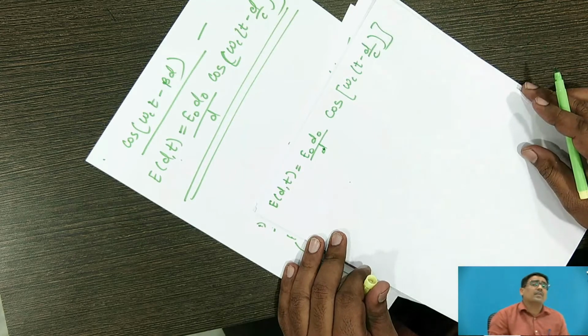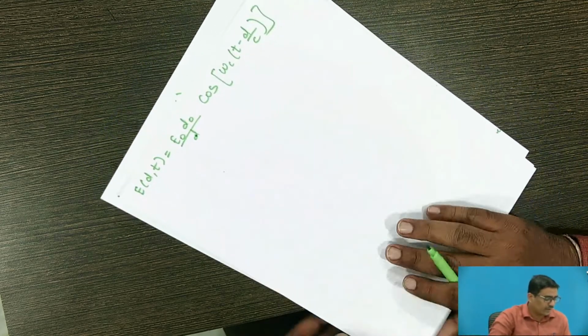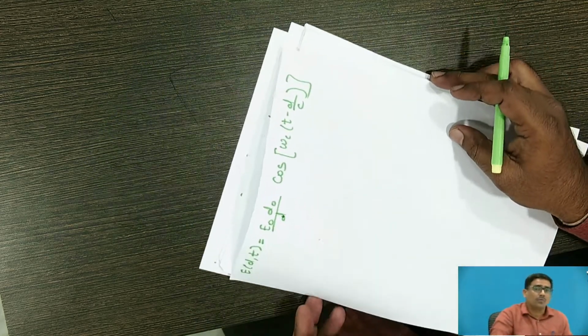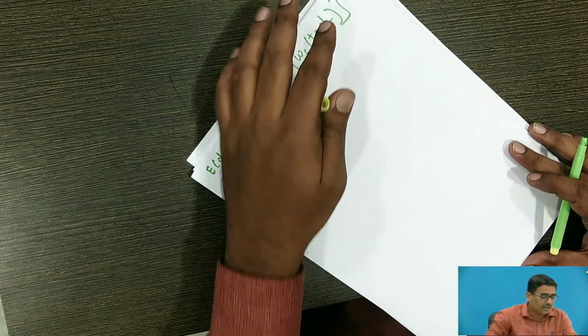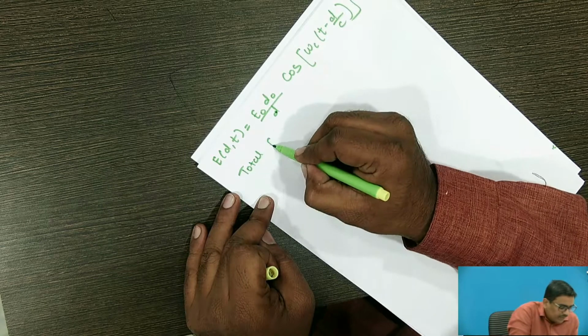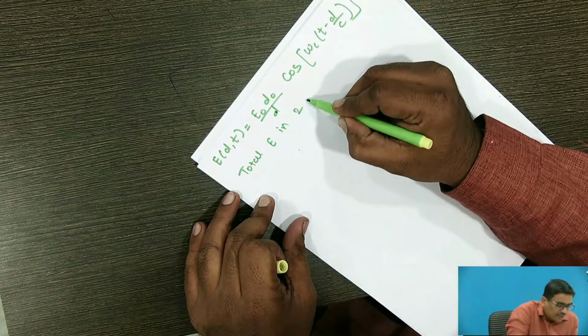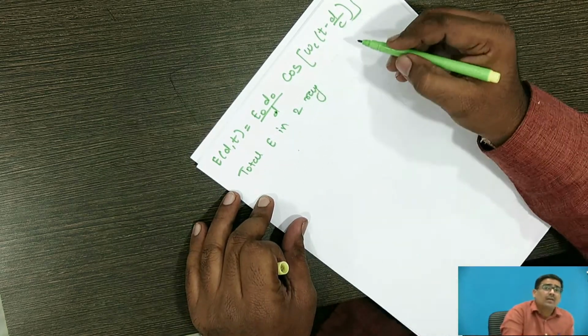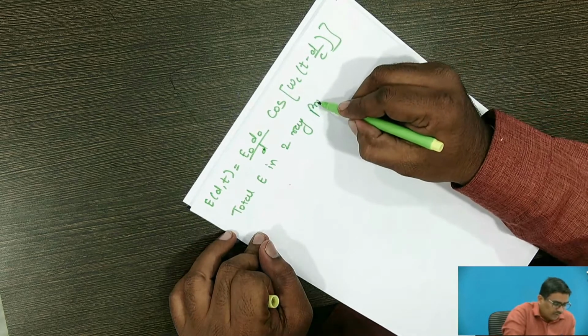Now this is the equation we derived for E. Now we want to calculate here the total E in the two-ray propagation model.